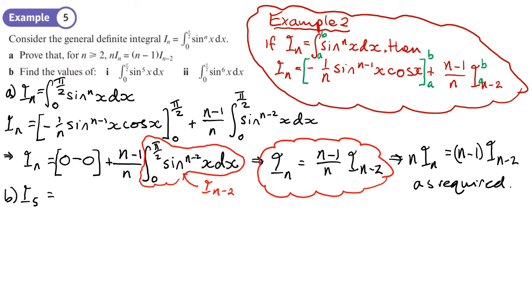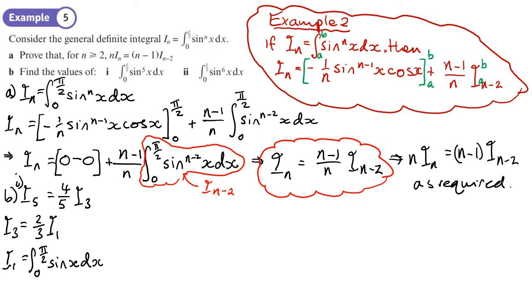So I sub 5 will equal 5 minus 1, so 4 over 5, 4/5 of I3. Can we work out I3? I3 is going to equal n minus 1 over n, 2/3 of I1. Now can we work out I1? Yes we can. I1 is the integral between 0 and pi over 2 of sine to the power 1 x.